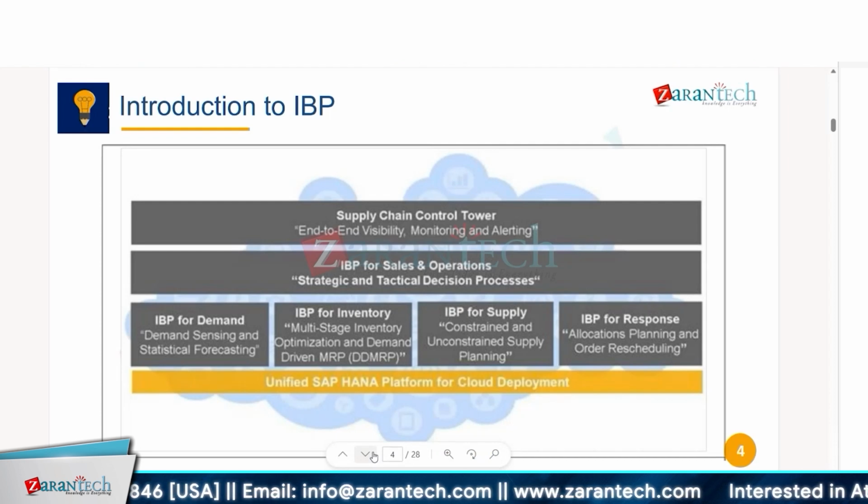It gives you extremely fast solutions for very critical processes. It integrates the data very quickly, and converts the data sets very fast into meaningful data. IBP is built on the SAP HANA platform. So the platform for IBP is SAP HANA.